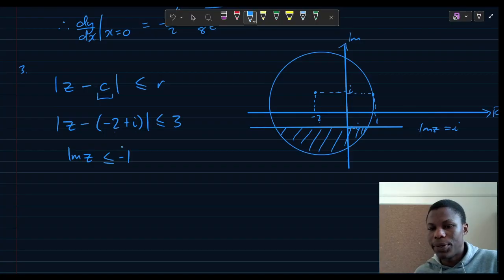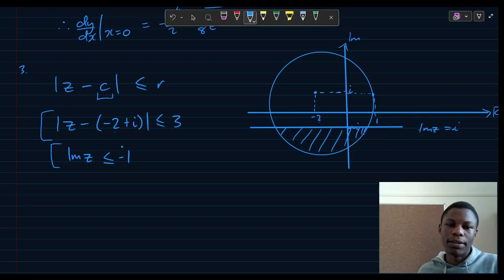And so we're saying we want all the z values that are inside the circle but below the line where the imaginary part of z is equal to negative 1. Those would be your two inequalities. It's interesting because this time they've asked the Argand diagram question in reverse.